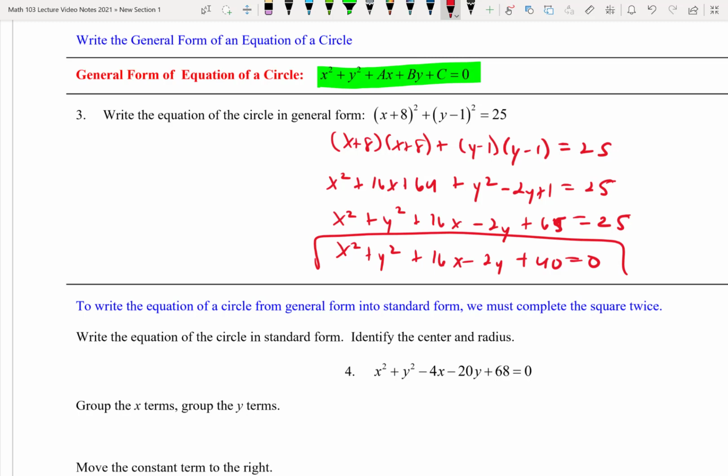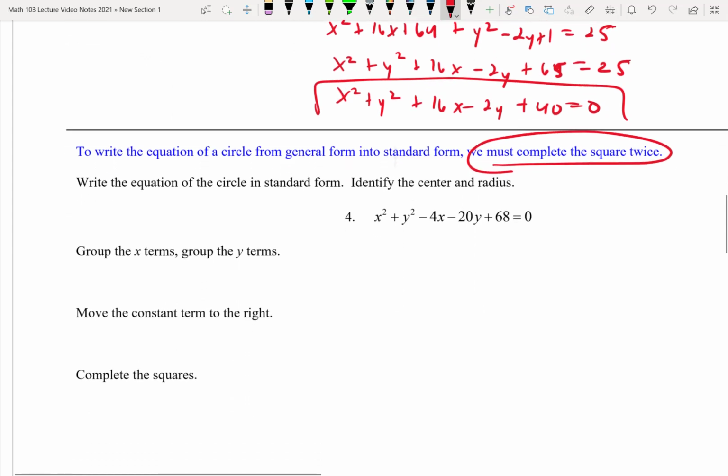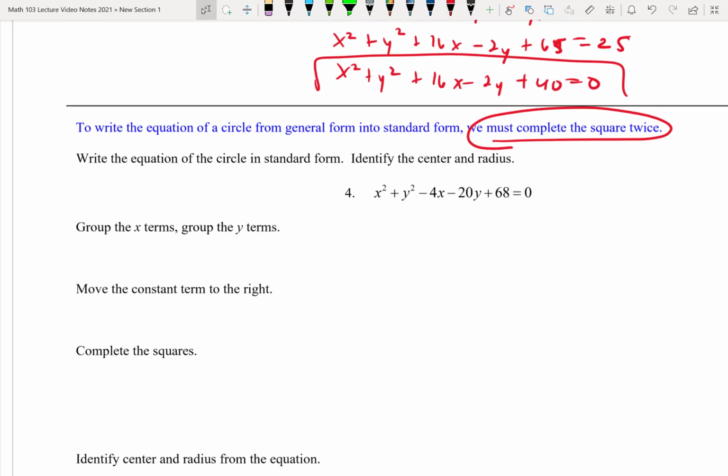So when we're given the equation in general form, if we want to identify the center and radius, we need to complete the square twice. For this first one, I'll write out the steps for you. We're given x squared plus y squared minus 4x minus 20y plus 68 equals 0. First we're going to group the x terms and group the y terms together.